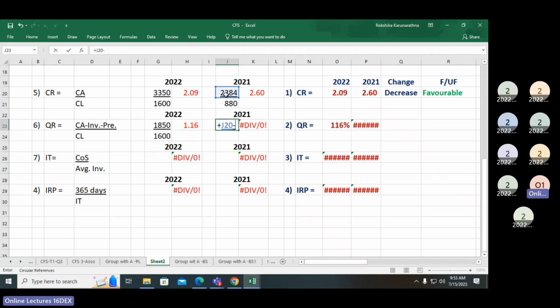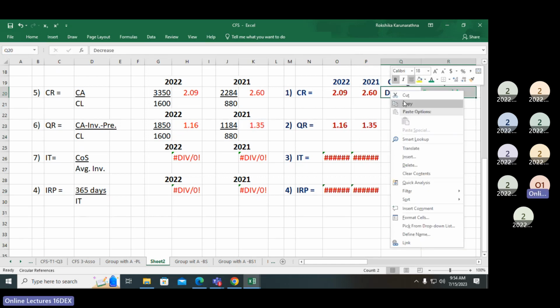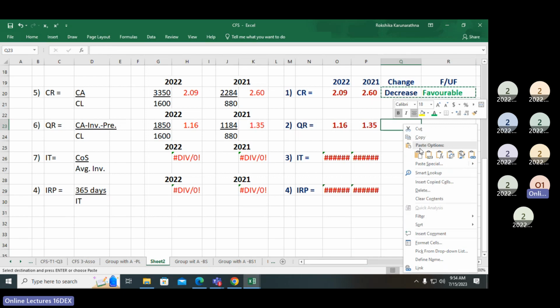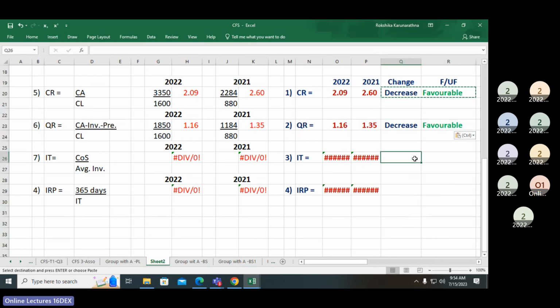Then last year, current asset minus inventory 1,100 divided by same current liability 880. So that quick ratio also decreases. And since we don't have industry average, we go ahead with the general norm 1. So it is moving towards 1, which is favorable.